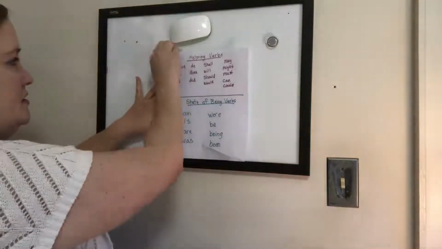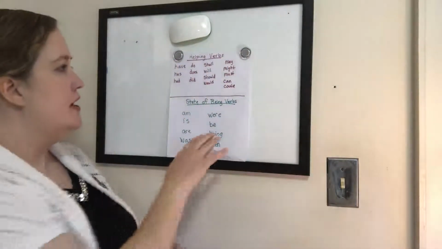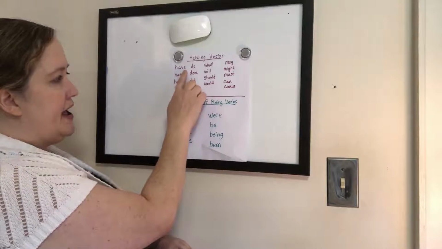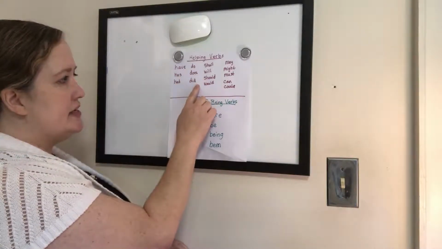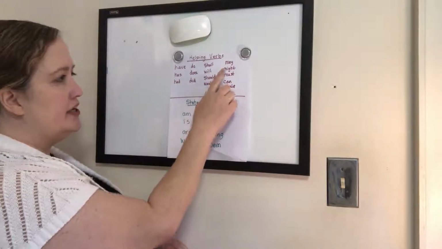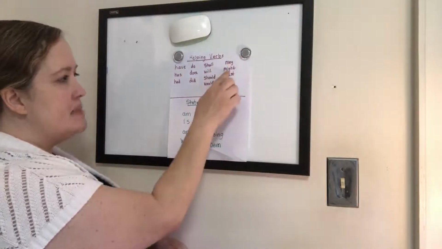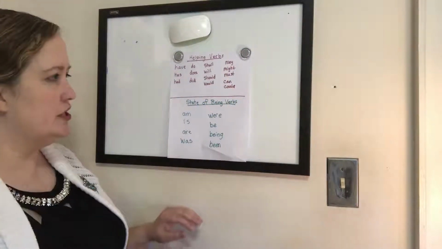Now up here, we're looking at the purple. Helping verbs are have, has, had, do, does, did, shall, will, should, would, may, might, must, can, and could.